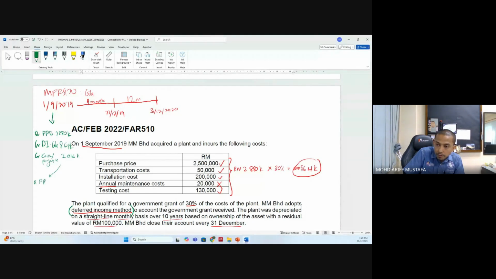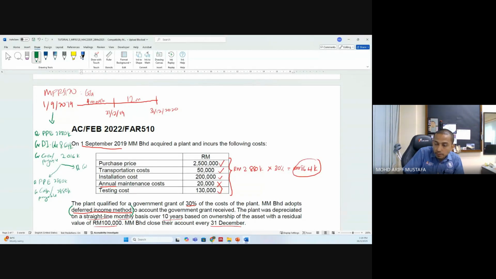Debit PPE, credit cash or payable, by the full amount, 2,880,000. And another one, it's combined with the grant receipt.